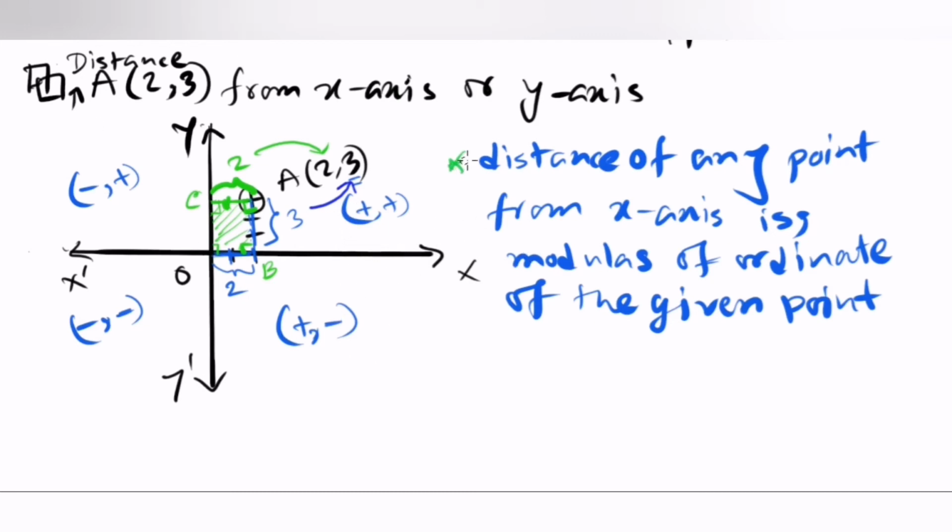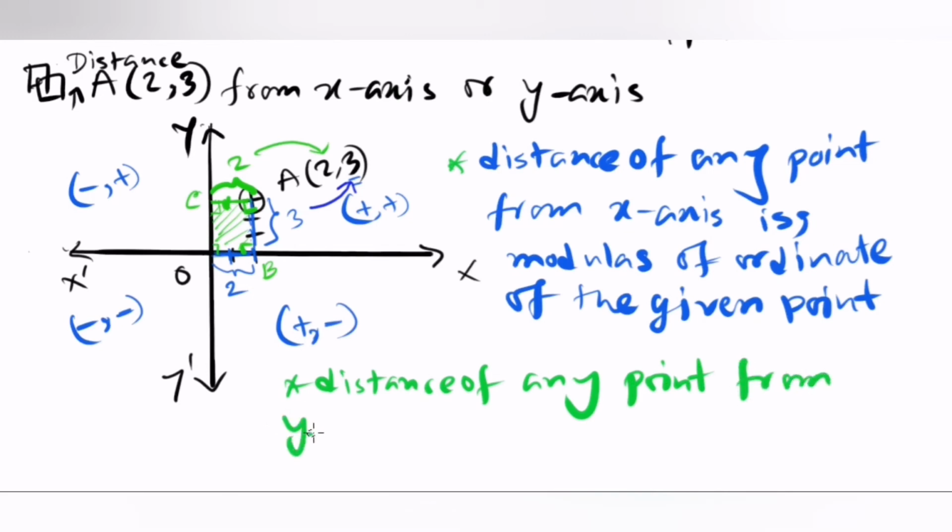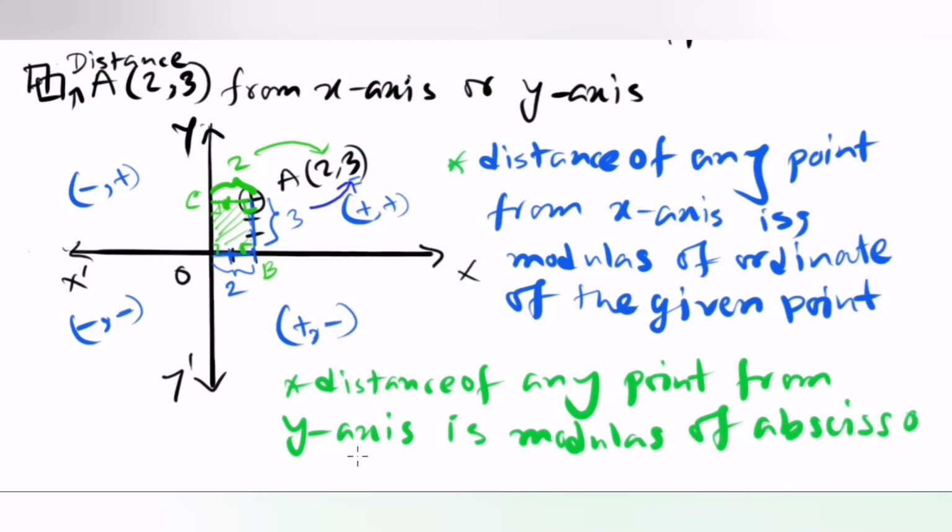So again, we can say the distance of any point from the y-axis is the modulus of the abscissa of the given point.